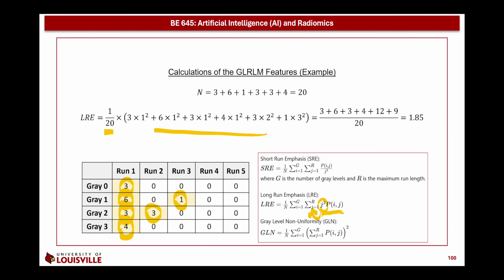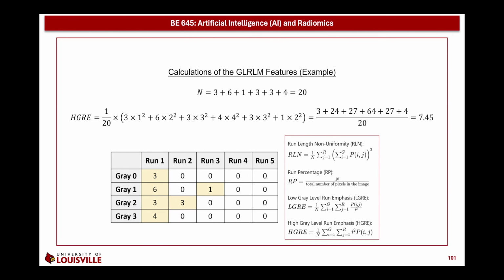And for HGRE, if you notice, here we are multiplying by j, which is the index of the R loop or the run length. And for that formula, we are multiplying by i, which is the gray level indices. So we multiply 3 by 1 squared, 6 by 2 squared, 3 by 3 squared, 4 by 4 squared, 3 by 3 squared, 1 by 2 squared, and you sum all of these numbers and divide it by 20.